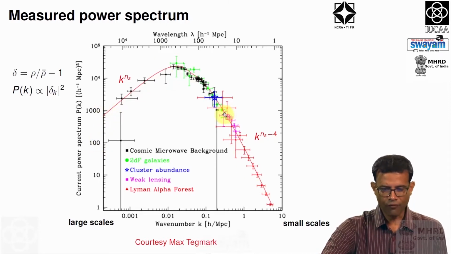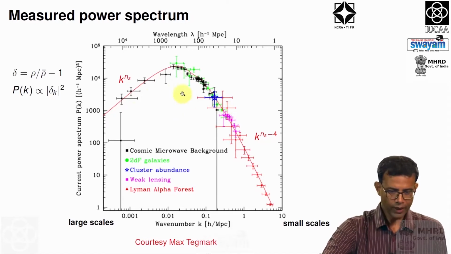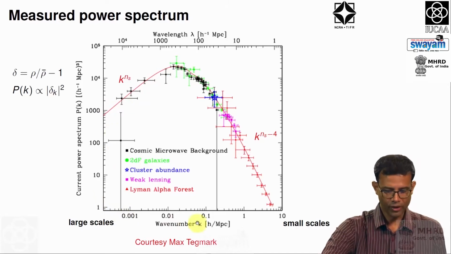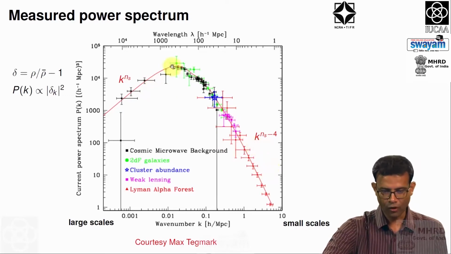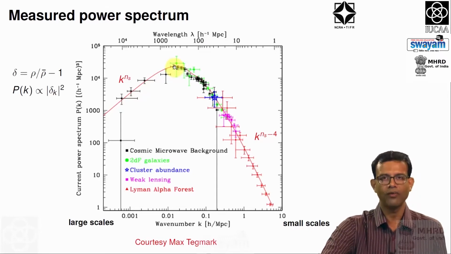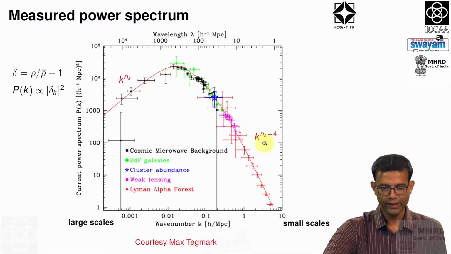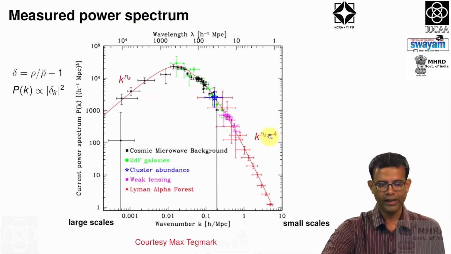Okay. Now, what does this form represent? At large scales, meaning small wave number, small k, the form is basically the primordial form, k to the n. At small scales, however, the form is different, and it does not follow this k to the n form because of the modes evolving differently at different scales, and it has a form which is k to the power n minus 4.